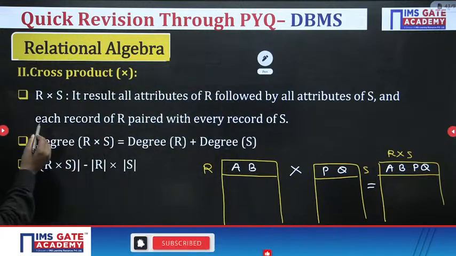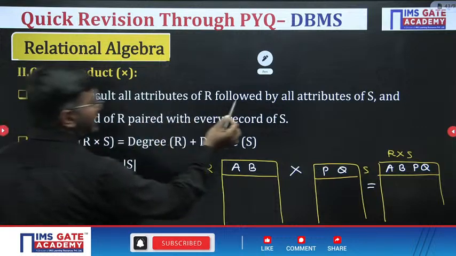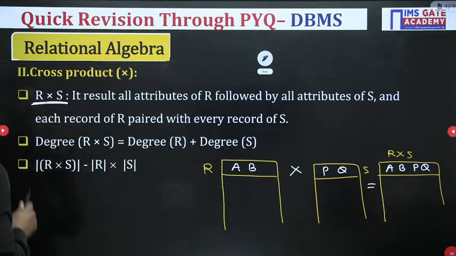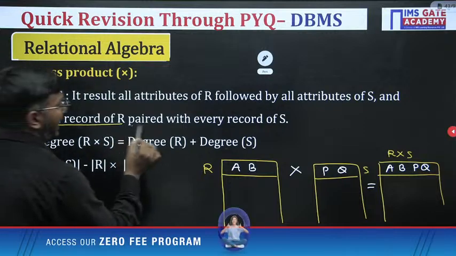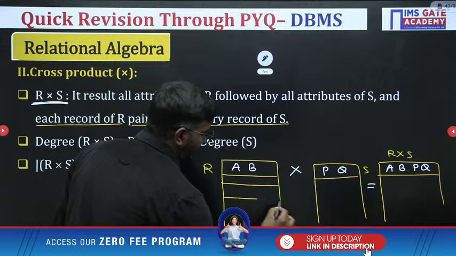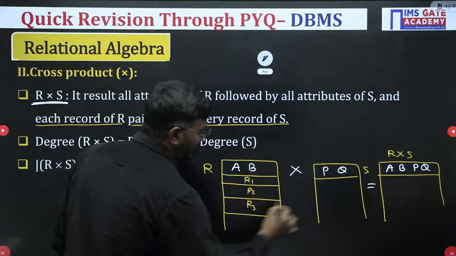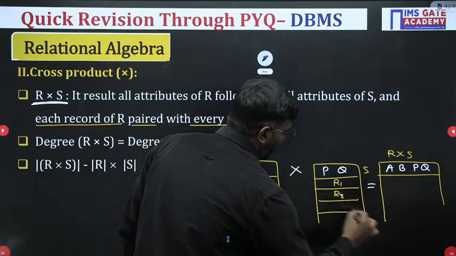This is nothing but a schema. The first statement defines the schema of the result table. Then what the cross product does is that each record of R will be paired with every record of S. Let's say R has record 1, record 2, record 3, and similarly S has record 1, record 2 and record 3.